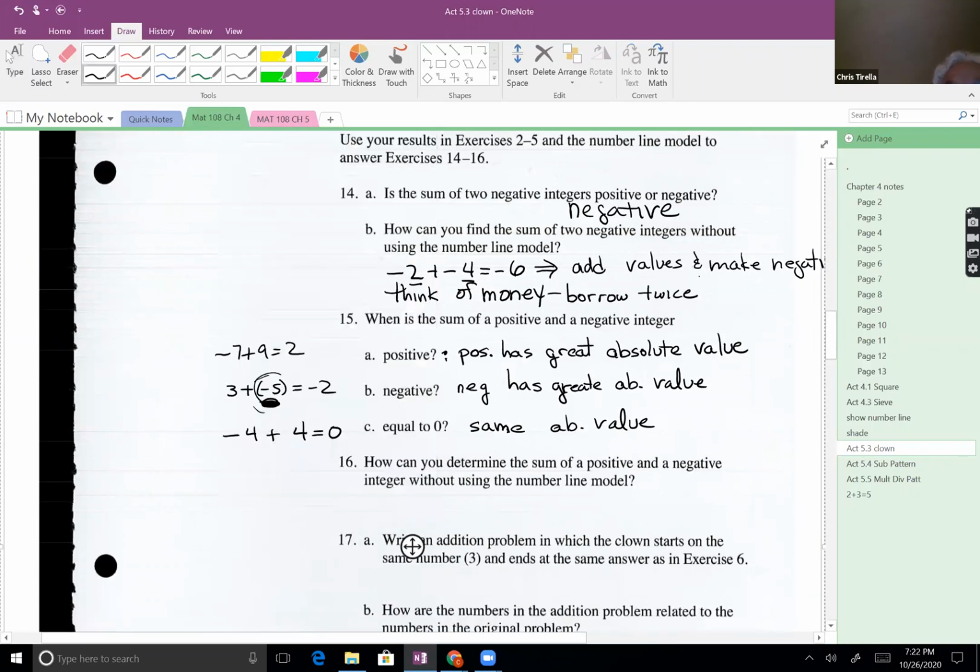So if I have a positive and a negative number, to find the sum without the number line model and without the signs, can't we say, I used to see it as if the signs are different, I take the difference of the absolute values.